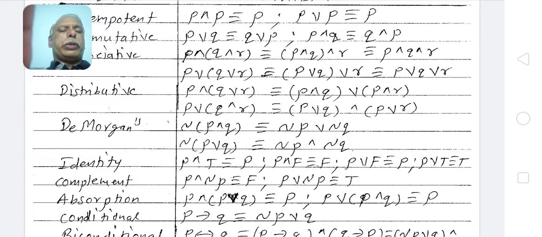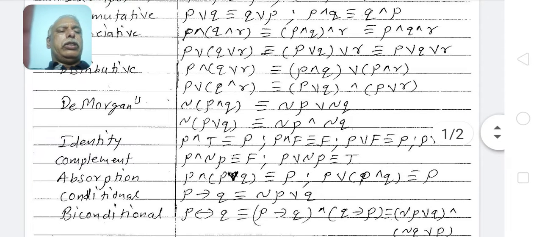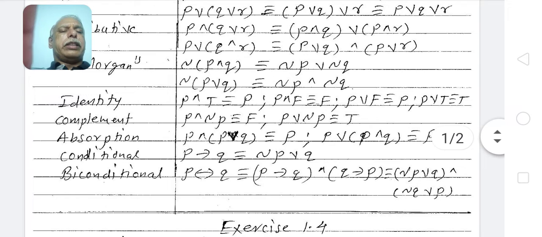Now the absorption law. This is one exceptional case, or we can rather say that it is a somewhat tricky law. P and in bracket P or Q is equivalent to P. Now focus on the statement on the left side: P and in bracket P or Q. Outside the bracket, the statement is P and the operator is AND.